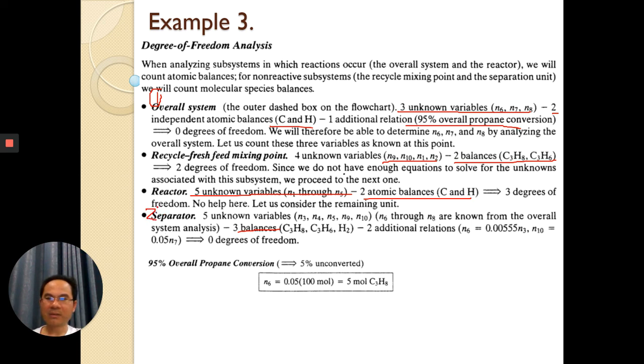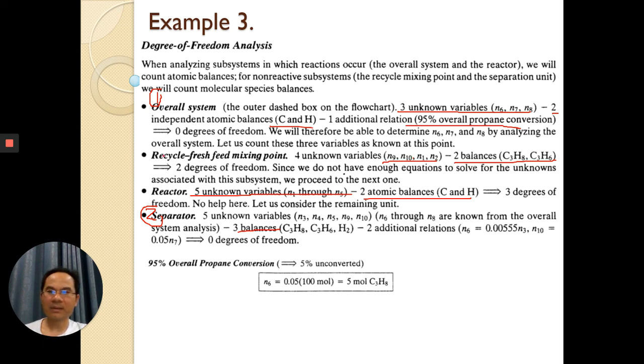That means you can conclude that the first step you have to do the overall balance. You can solve for N6 to N8, and then you run the separator. You can run your separator for N3, N4, N5, N9, N10, and then you can solve another balance for N1, N2. N9, N10 you know already.